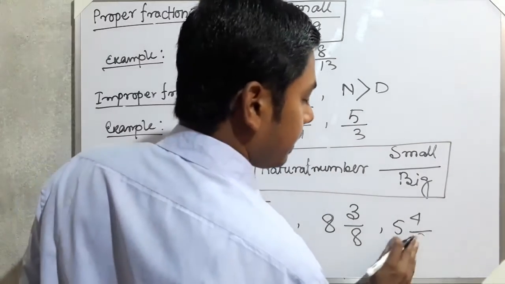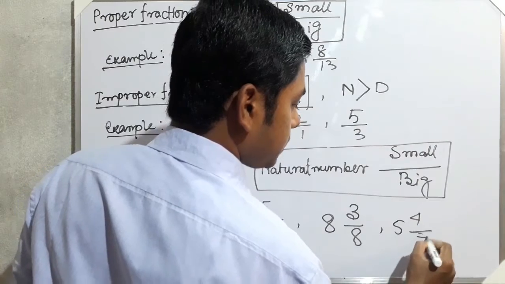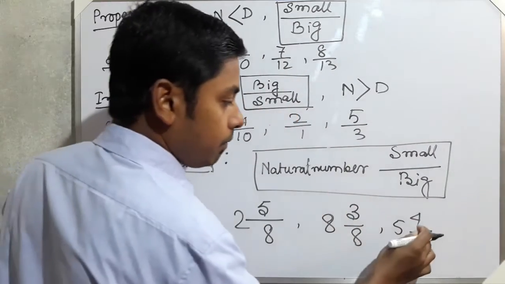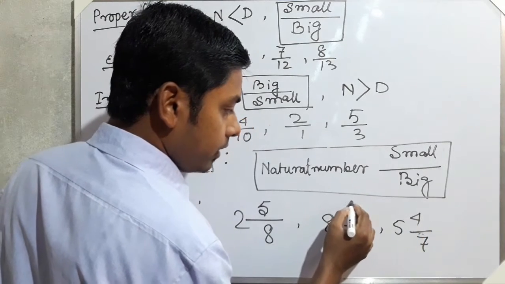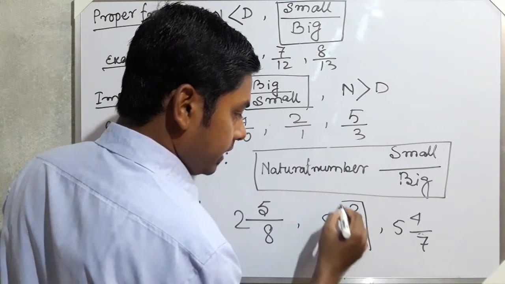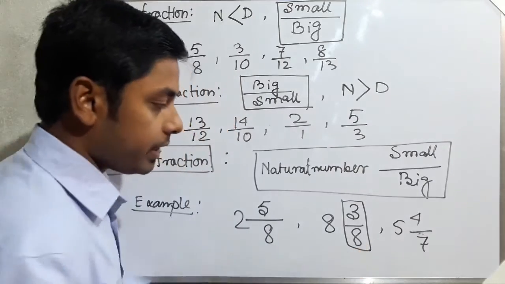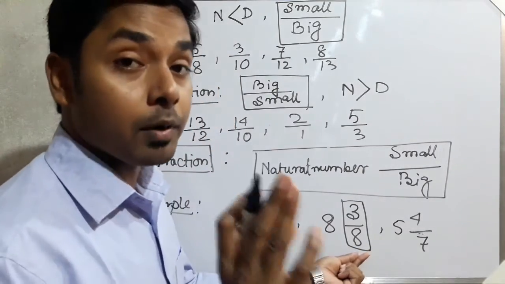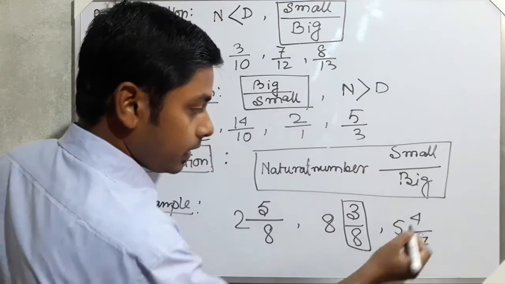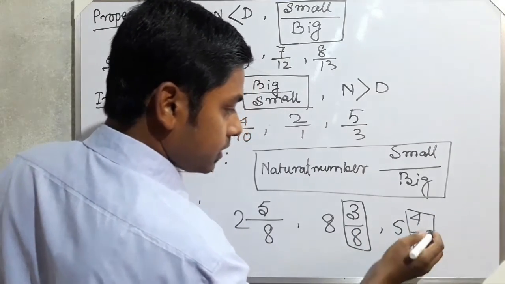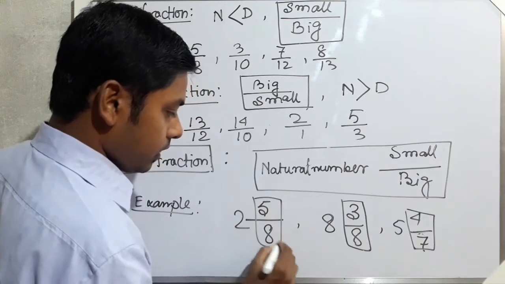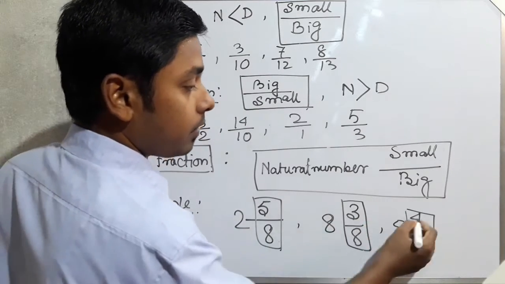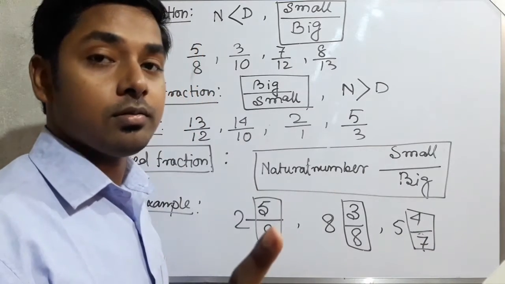Here you can take anything, suppose 7 also, but you should remember that the number written in the form of a fraction, that fraction should be a proper fraction. In the mixed fraction, this fraction should be proper, otherwise that is wrong.